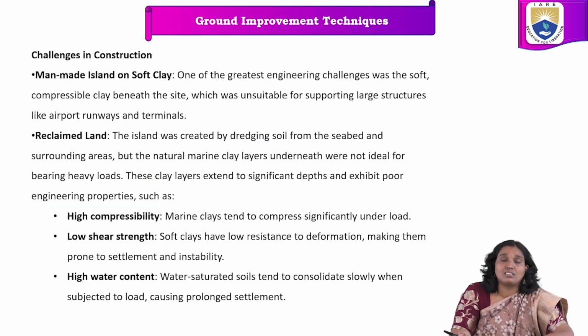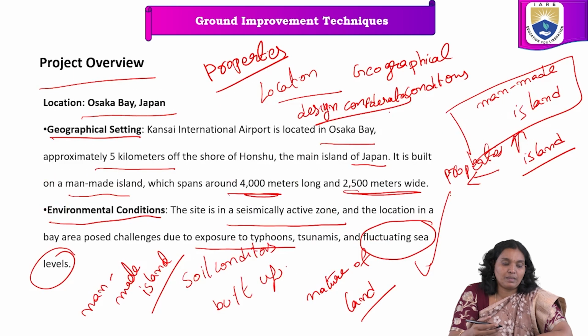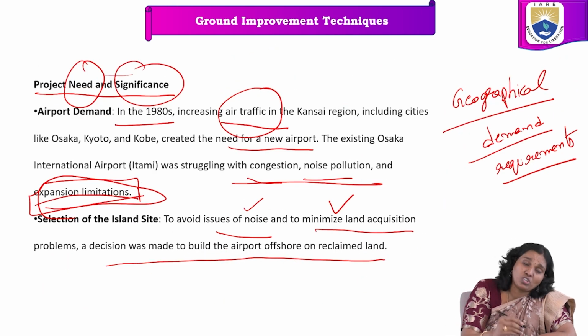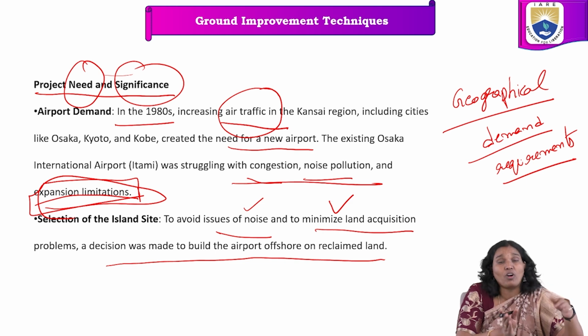So this is the project overview of where we are going to construct, as per the social issues, also as per the government policies, decisions, and the people's aspirations. These are all the parameters they are going to use to choose the selection of the land site.